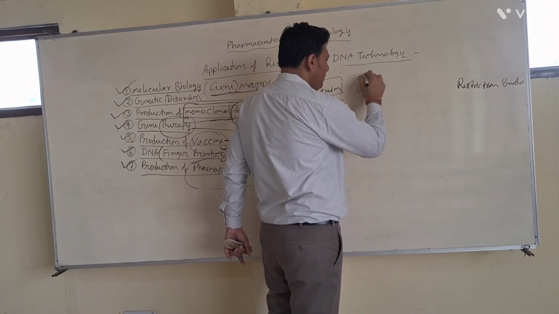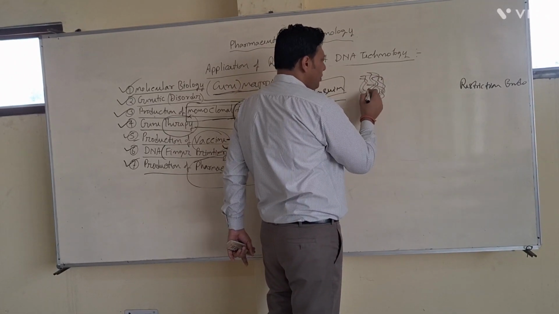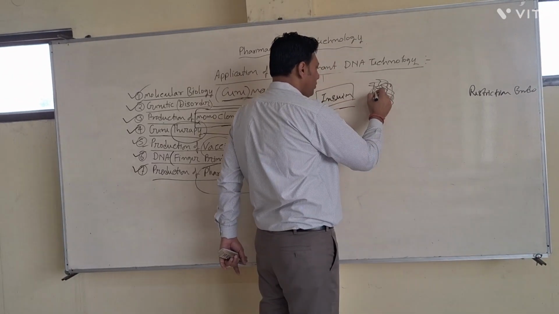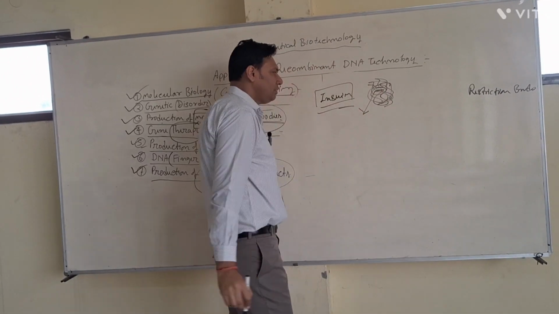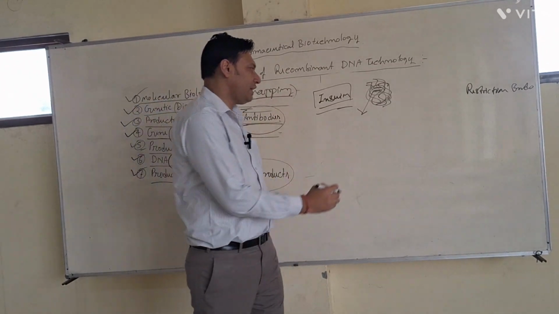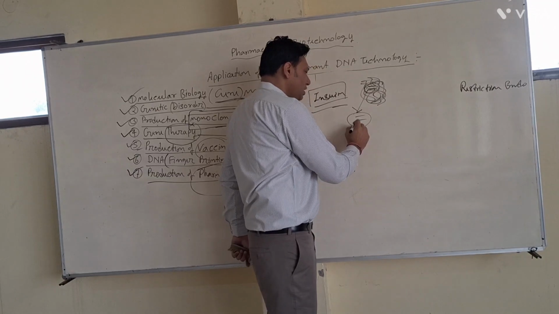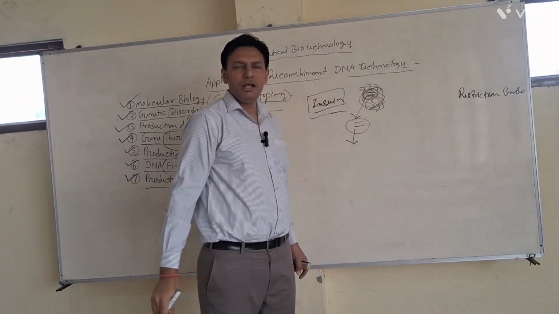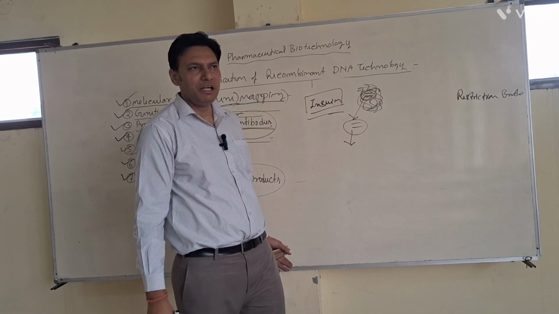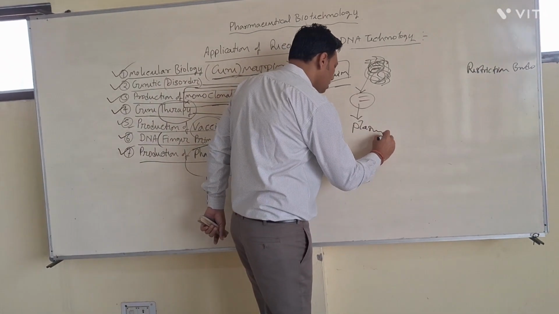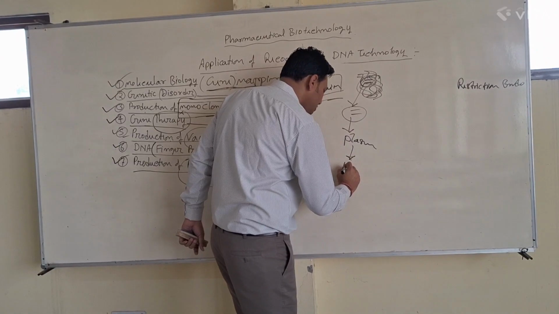So how can we go for the production of insulin? This is the genome. From this genome, we will recognize the gene of insulin, and we can cut it. We can cut this gene and go for multiplication, using a plasmid and a host cell.